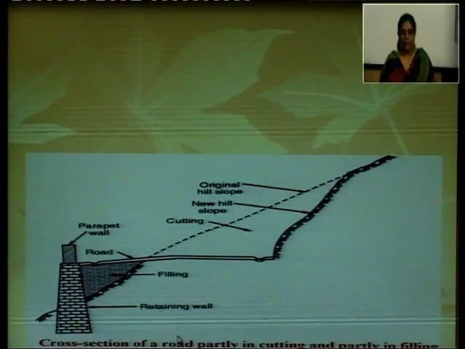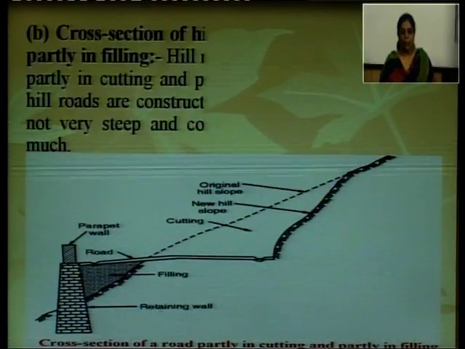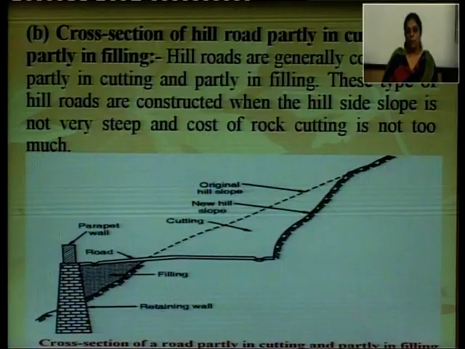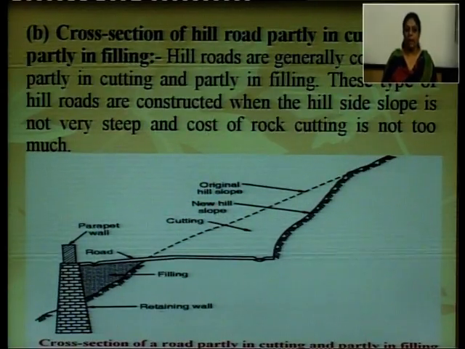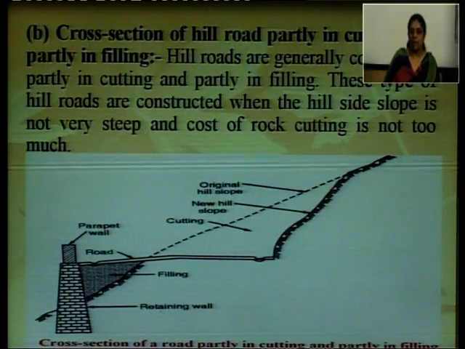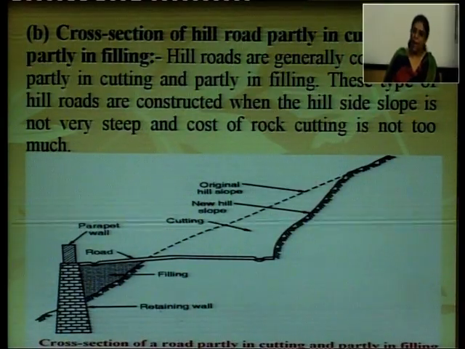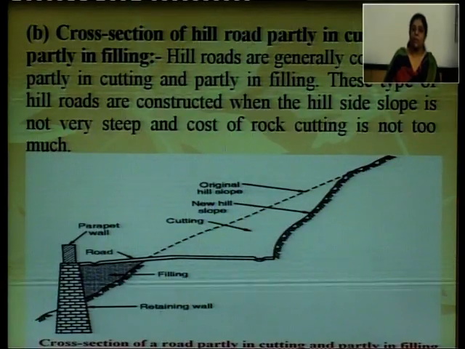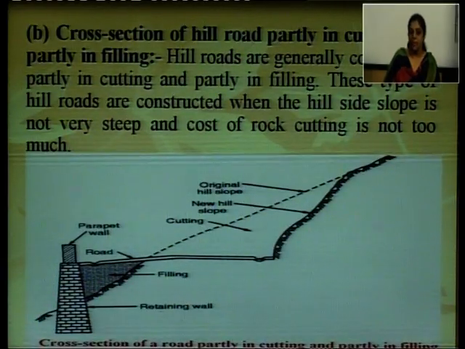So, next comes the cross section of the hill road partly in cutting and partly in filling. Hill roads are generally constructed partly in cutting and partly in filling. Most of the time the hill roads are constructed like this.